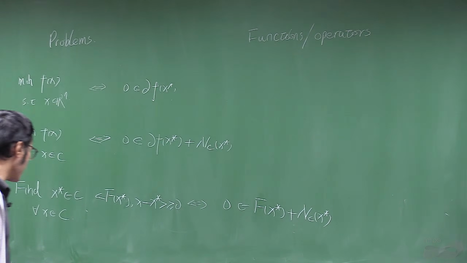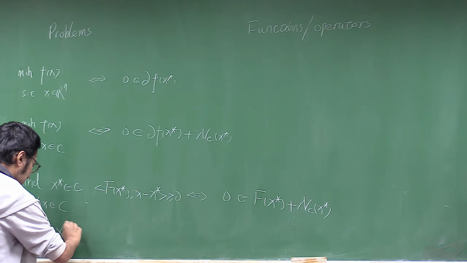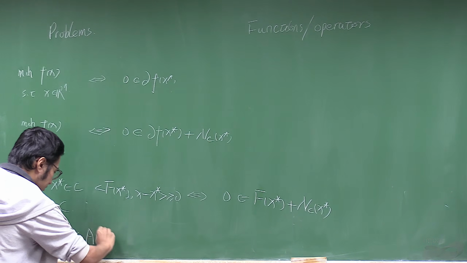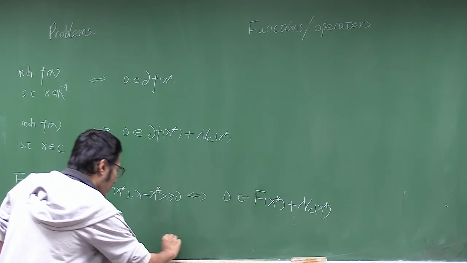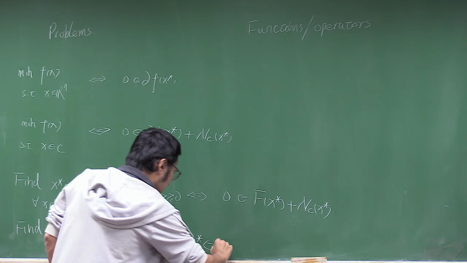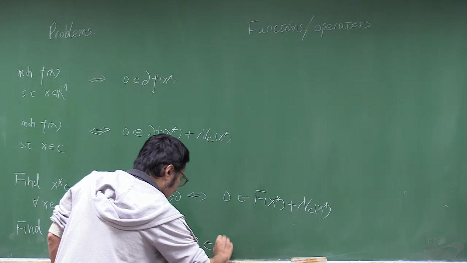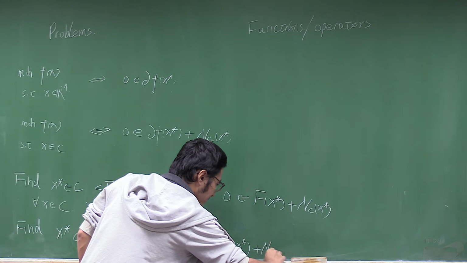Another problem which can also be regarded as the maximal monotone inclusion problem is the convex feasibility problem, which is we want to find a point x star belongs to the intersection of two convex and closed sets A and B. The optimality condition is that 0 belongs to the normal cone of A at x star plus the normal cone of B at x star.